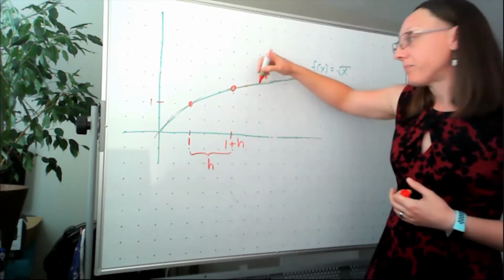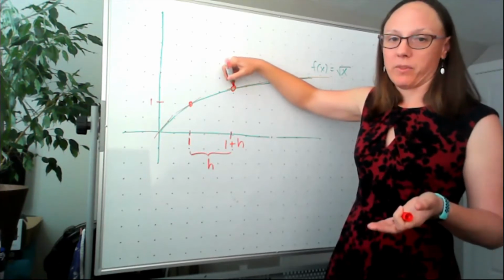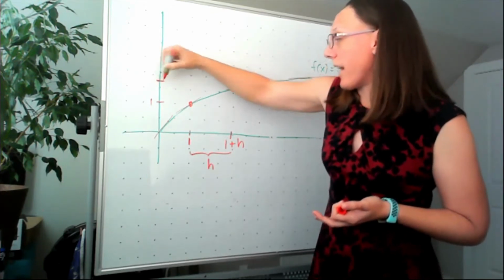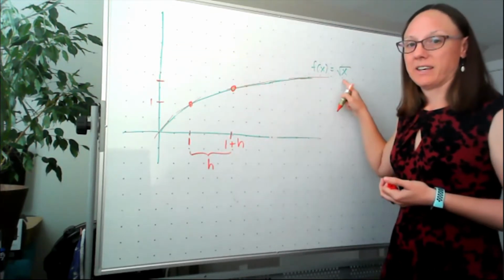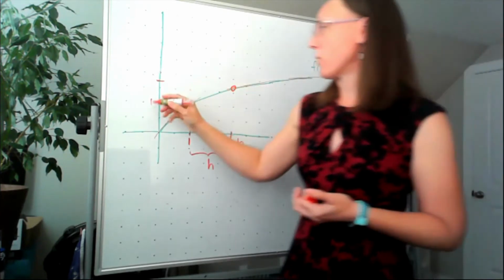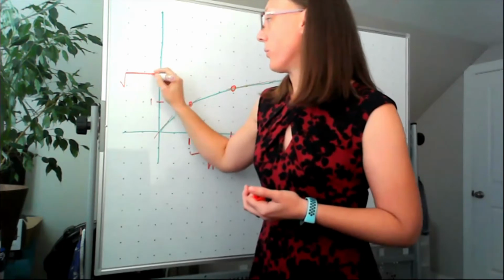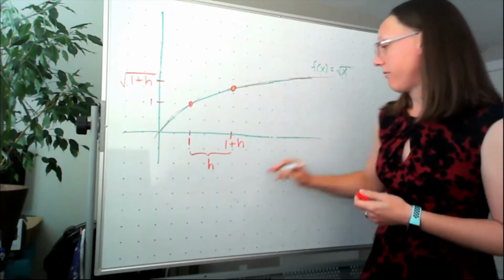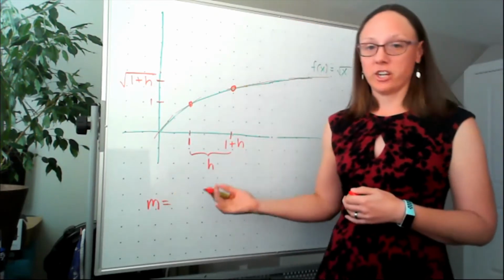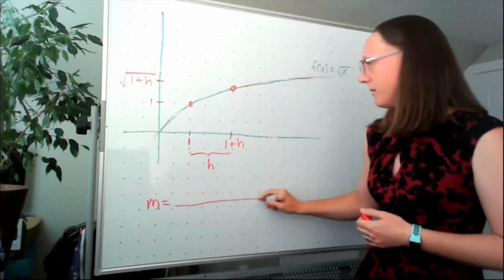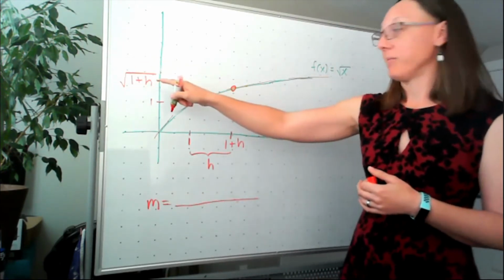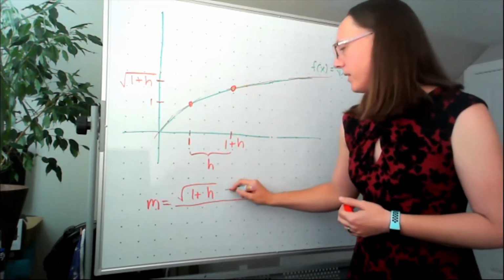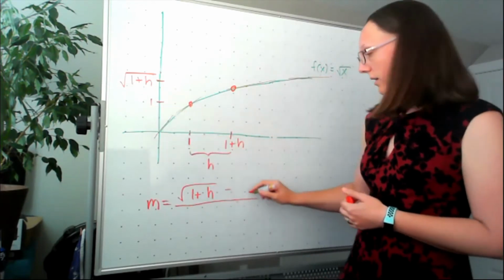So thinking about labeling this as a point or coming up with that y value so we can find the slope, if I were to label this on the y-axis, the x that I'm plugging in is 1 plus h. So this would become the square root of 1 plus h. Now, if I'm finding my slope as a change in y over a change in x, my two y values that we're working with here are the square root of 1 plus h minus 1.